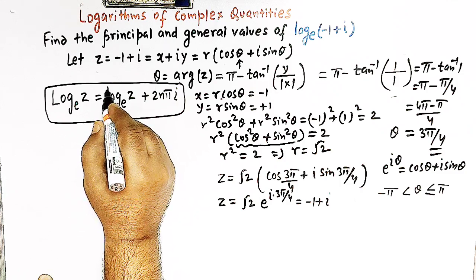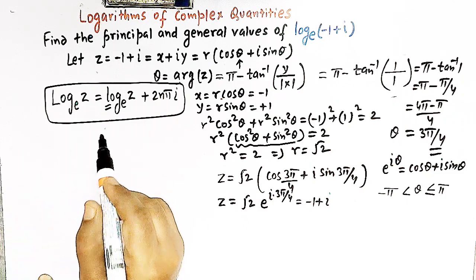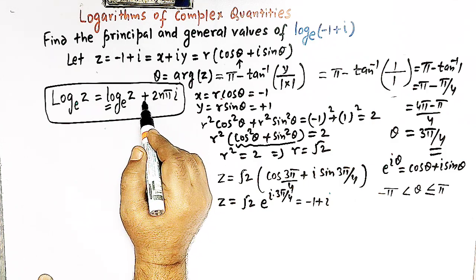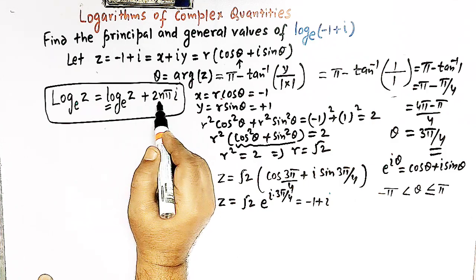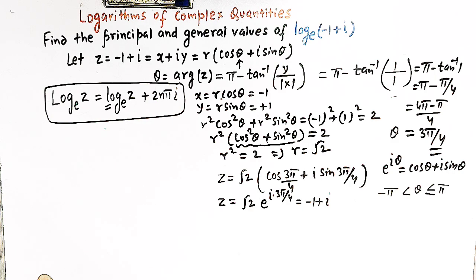Remember, here we have the small l, and the small l represents the principal value of the logarithm of the complex number z, and here we add this term, 2n pi I, where n is some positive integer or negative integer or 0, right?